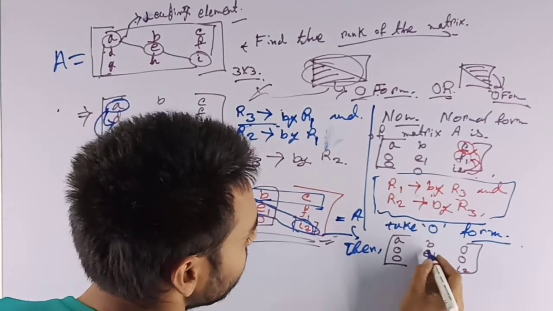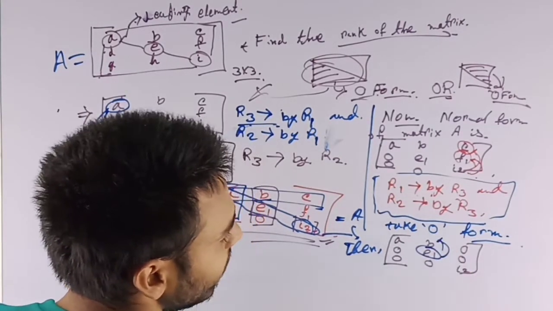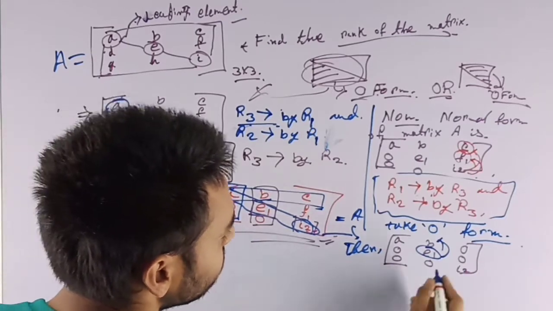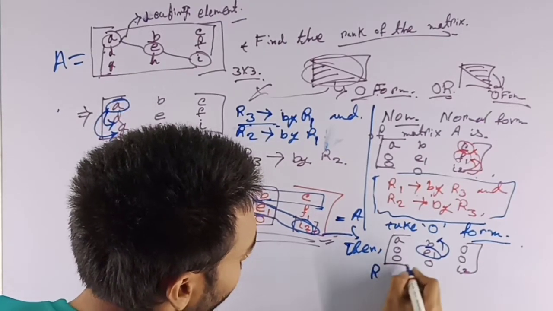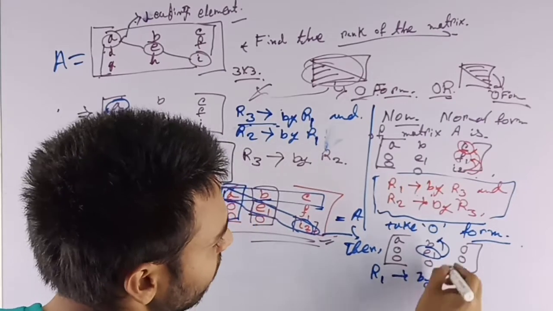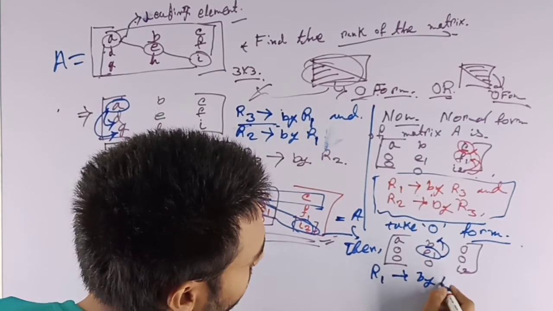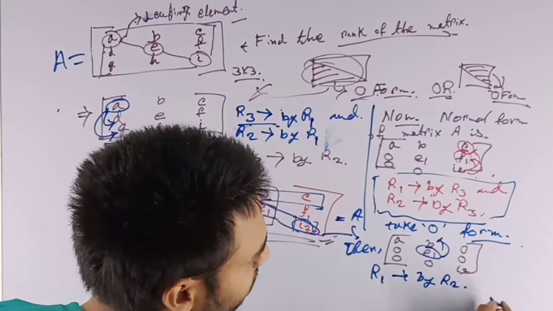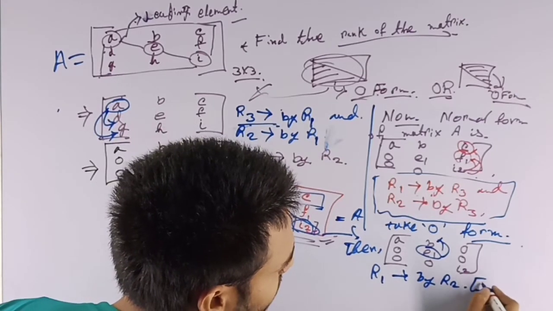So the 3 cross 3 matrix is here. Now R1 is interchanged by E1, and also R2, that's it.